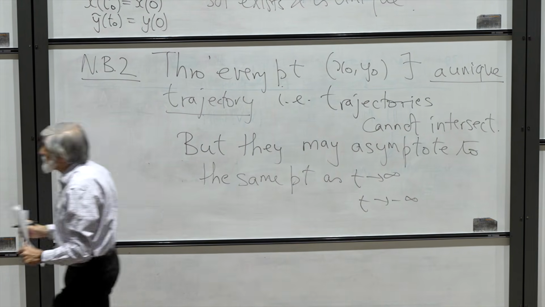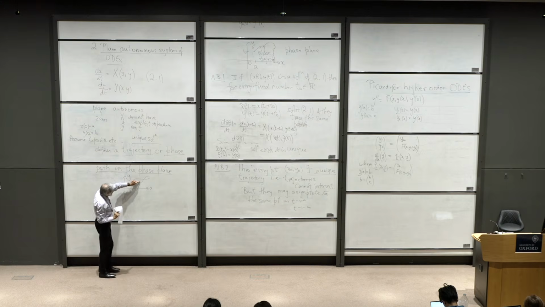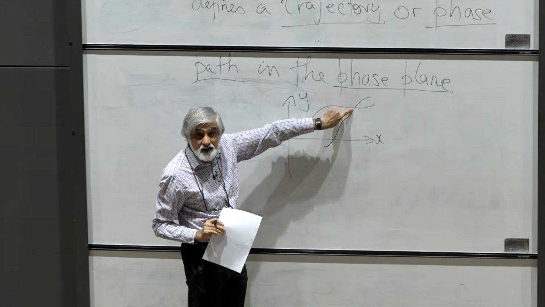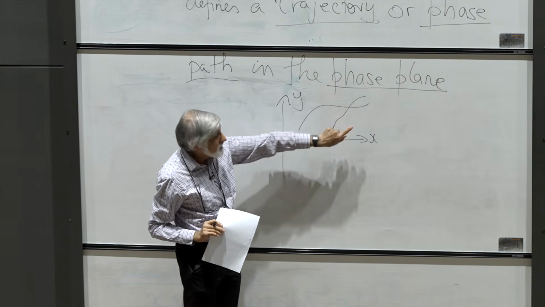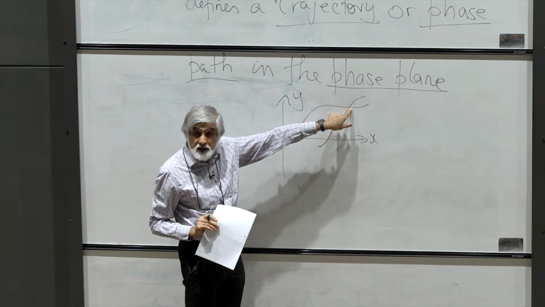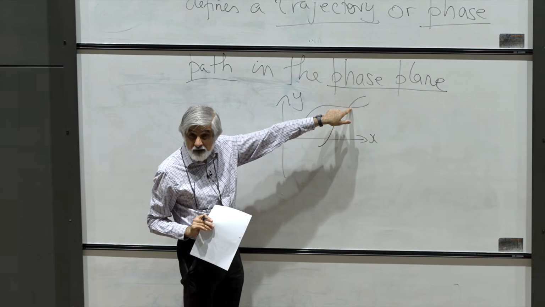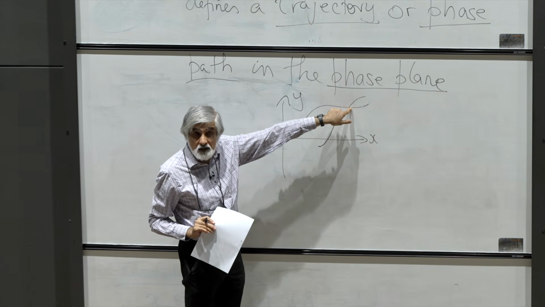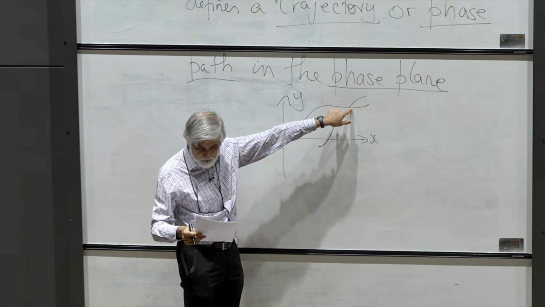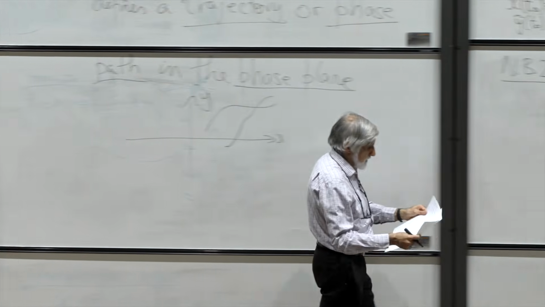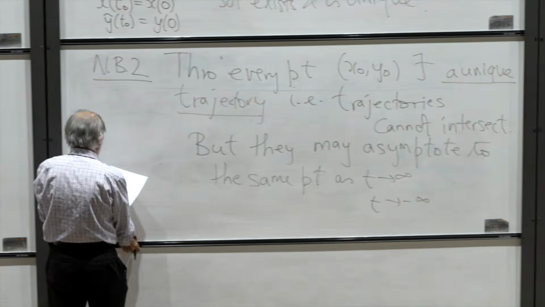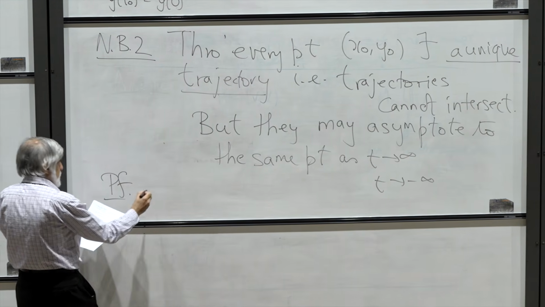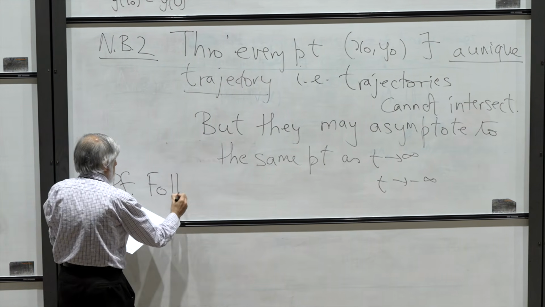So what that means is that they could get closer and closer to each other as t goes to infinity and get arbitrarily close to each other but not touch each other. That would satisfy Picard's theorem, or doesn't contradict Picard's theorem. Okay? And so the proof of this just follows from Picard.